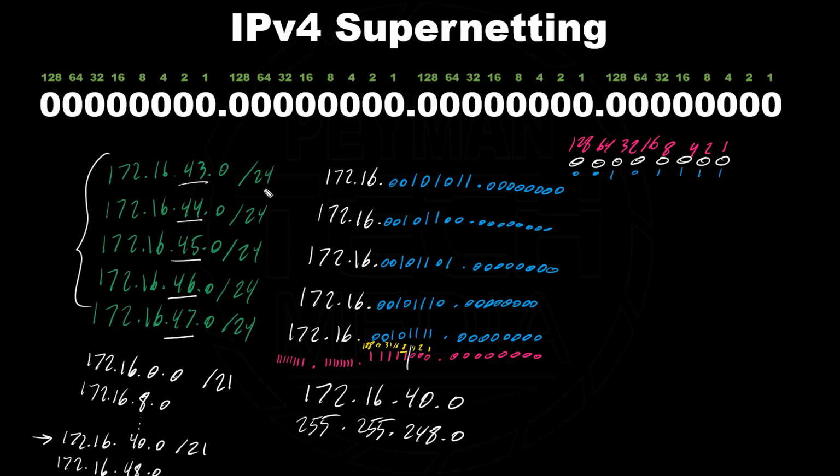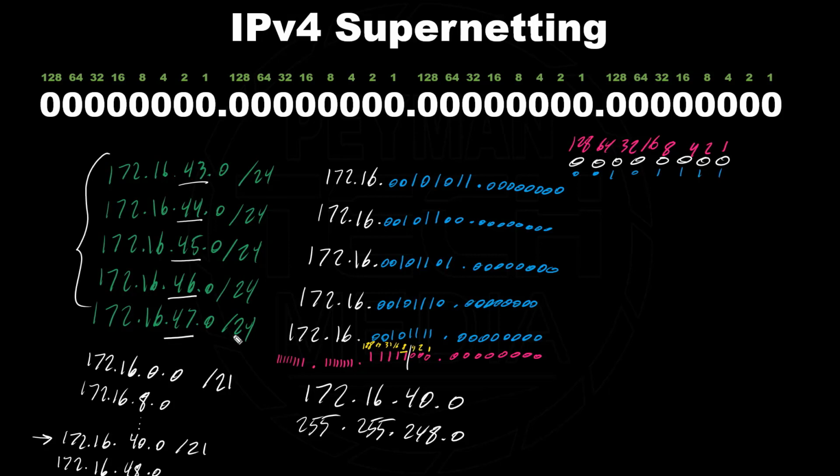So instead of having 1, 2, 3, 4, 5 different network addresses in a routing table, we can have this one network address with this new subnet mask address in the routing table, which basically advertises all these addresses and covers all these network addresses. So we can apply supernetting on the network addresses with the fixed prefix CIDR notation. We can combine contiguous networks that all have common CIDR prefix. In this case 43, 44, 45, 46, 47, that's all contiguous and the same CIDR prefix.